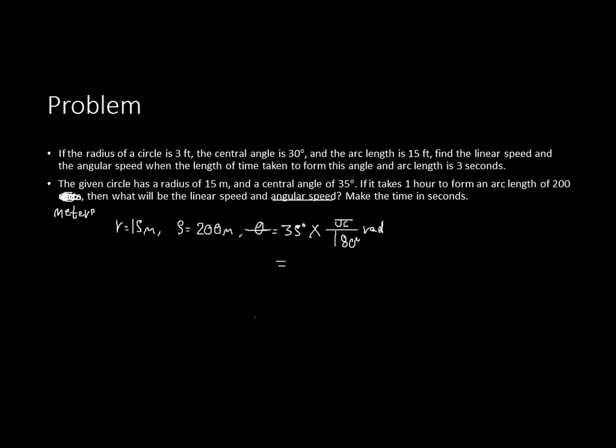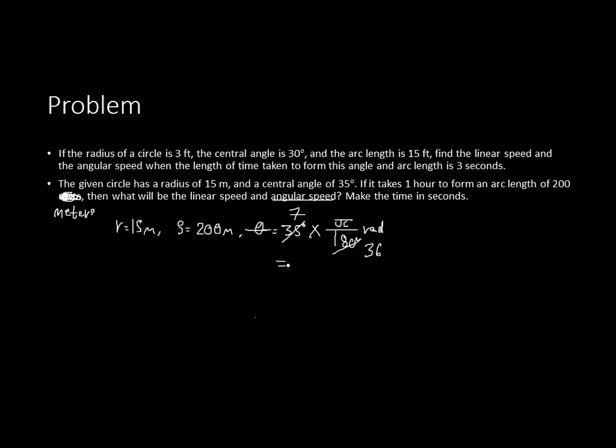These two, 35 and 180, are both divisible by 5. 35 divided by 5 is 7. 180 divided by 5 is 36.